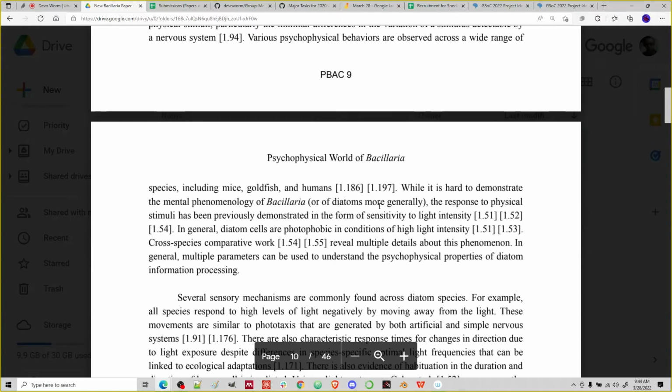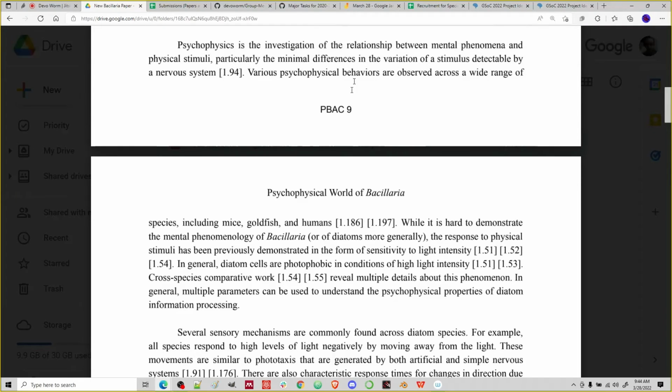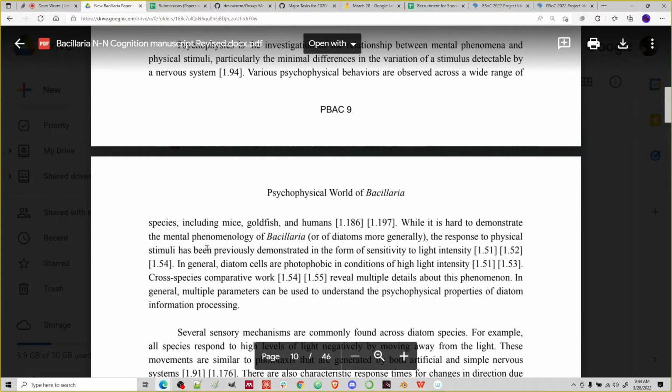Now, we've introduced a number of references here to different techniques that we might use to look at psychophysics, going all throughout that range of perspective tools. There's a nice review on psychophysics across animals.